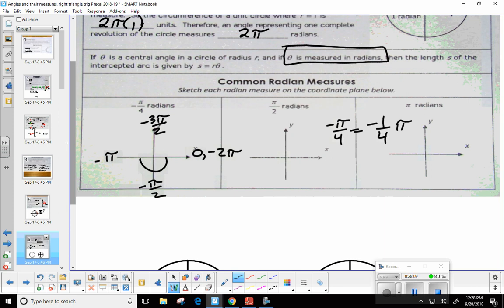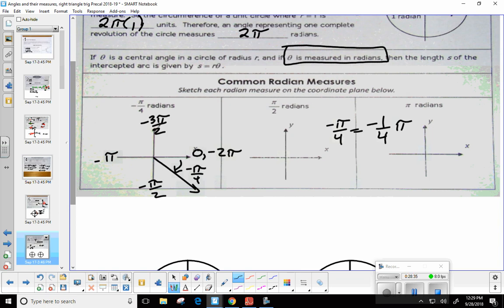So we're only wanting to go 1/4 of the half. Right here, if I stopped, that would be 1/2 pi. So 1/4 is half of that, right? So right here, that would be negative pi over 4. 1/4 of 1/2.